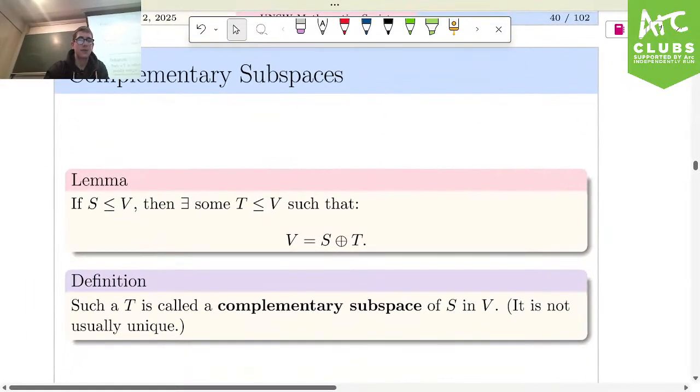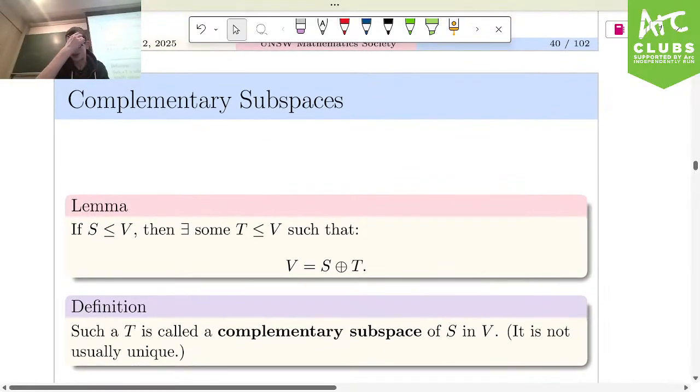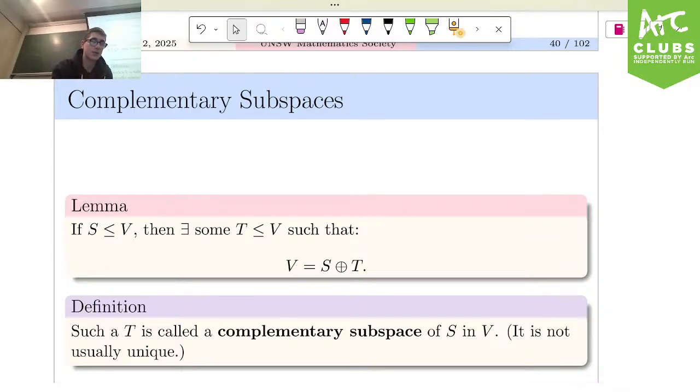All right, so moving on a little bit, we can look at this idea of a complementary subspace. If you have some subspace S of a vector space V, we know that we can extend a basis of S to make a whole basis for V. Then we can take the elements in that basis that aren't in S already, and that can form some set T, which we would call a complementary subspace.